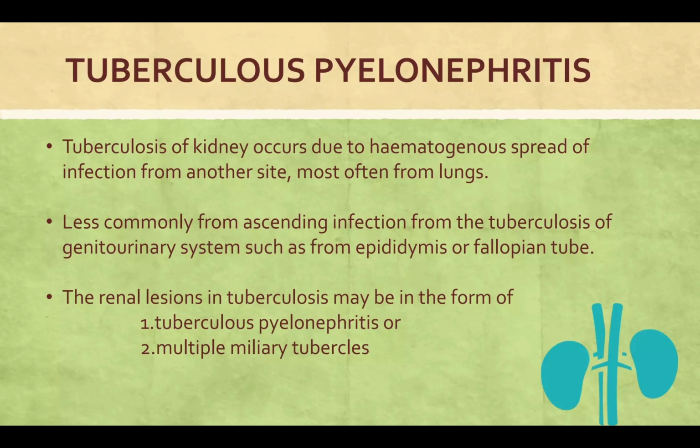The renal lesions in tuberculosis may be in the form of tuberculous pyelonephritis or multiple miliary tubercles.